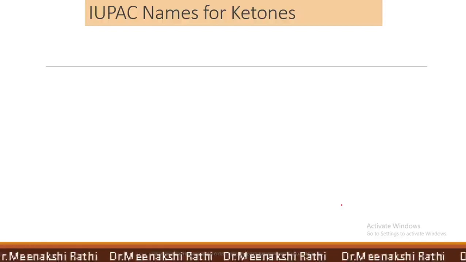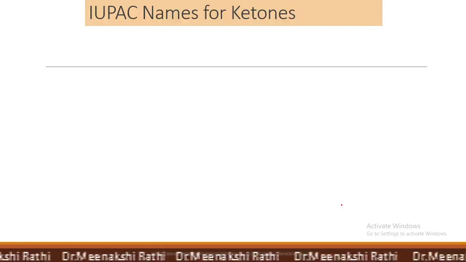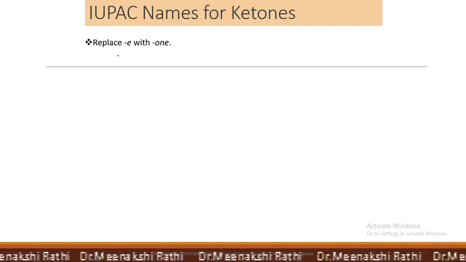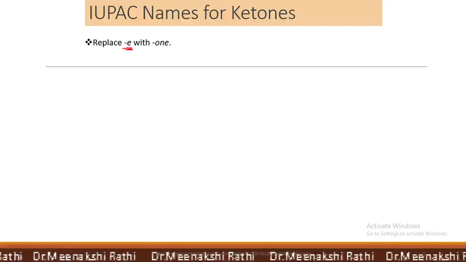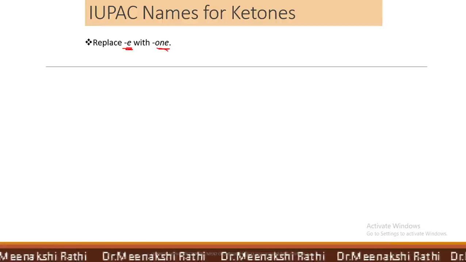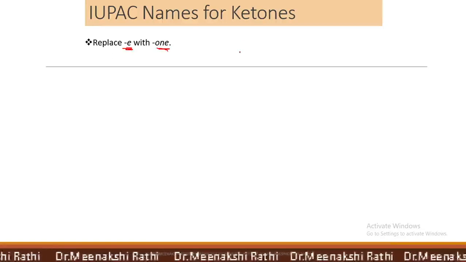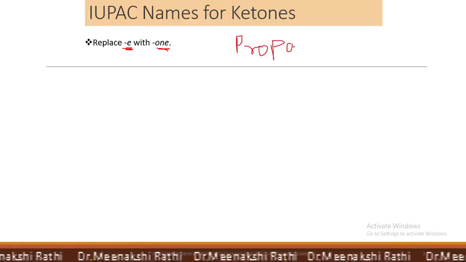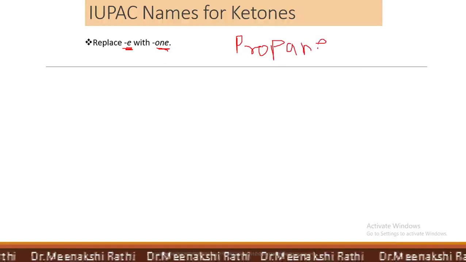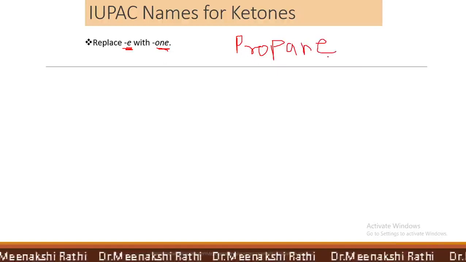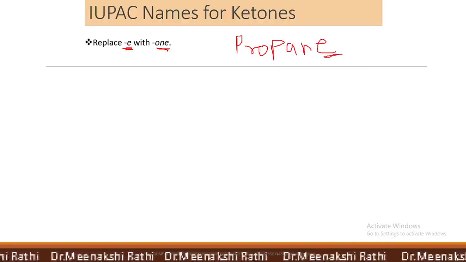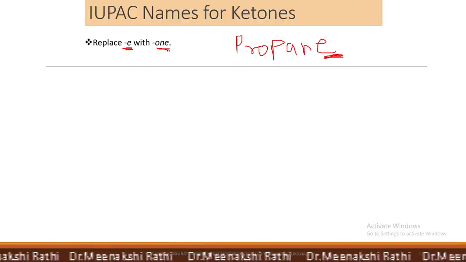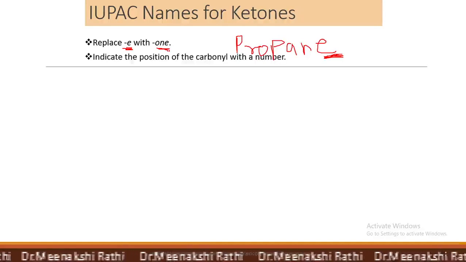Now what are the IUPAC names of ketones? The rule is, the E of alkane is replaced with ONE. Like propane: if a 3 carbon compound is there, we call it propane. The E of that alkane is replaced by ONE, so it will become propanone.